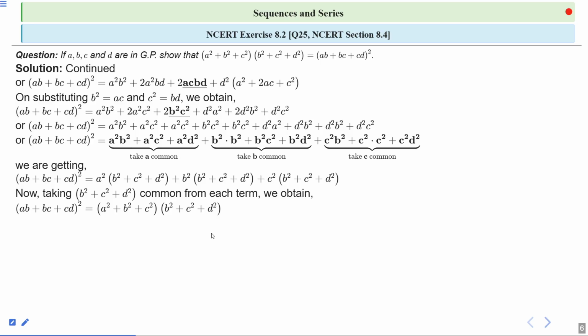Now taking (B² + C² + D²) common. Why do we take it common here?